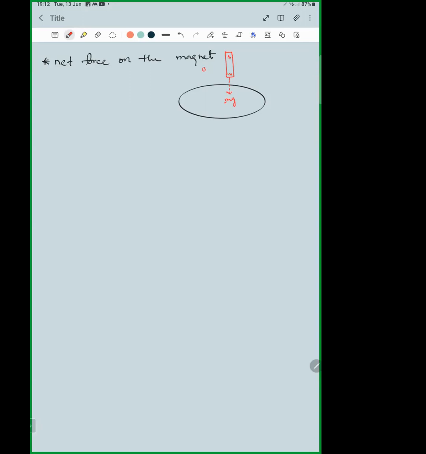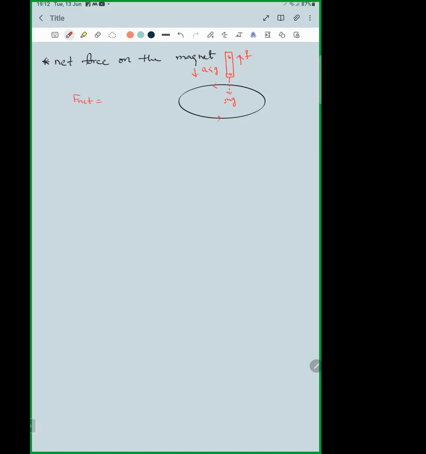Okay, in this case the value of acceleration is less than gravity. Sir, why is the acceleration less than gravity? So whenever this north pole is moving towards the coil, definitely an anti-clockwise current is going to be produced in it because of the change in magnetic flux. So if it is moving in this downward direction, that induced opposition is acting vertically upward. So what is the net force acting here?